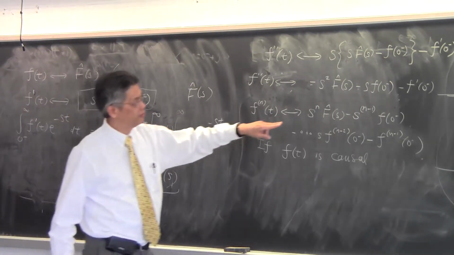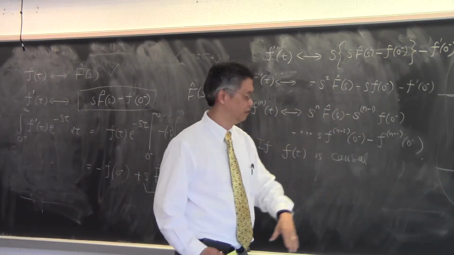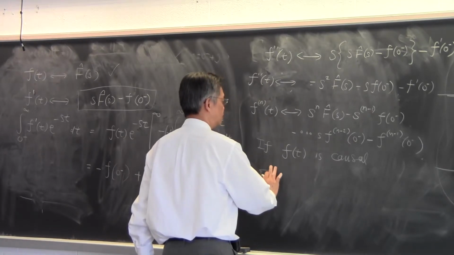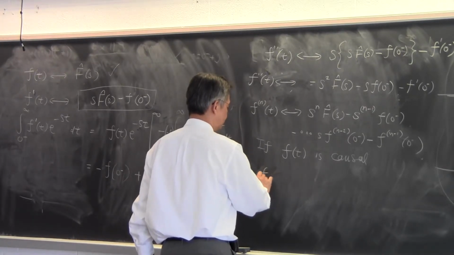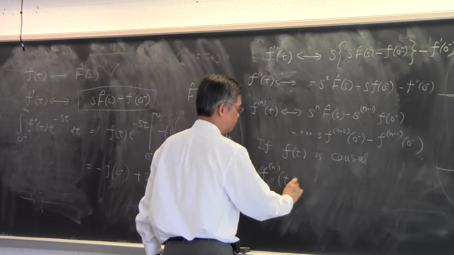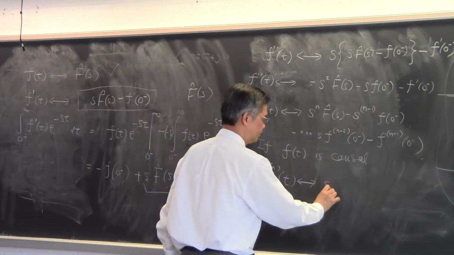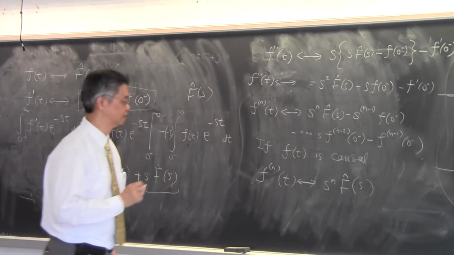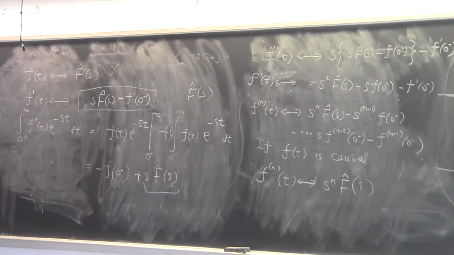Then the n-th derivative of f of t Laplace transforms to s to the n f hat of s. That's simple. You can drop all the f of 0 terms, and you understand why.